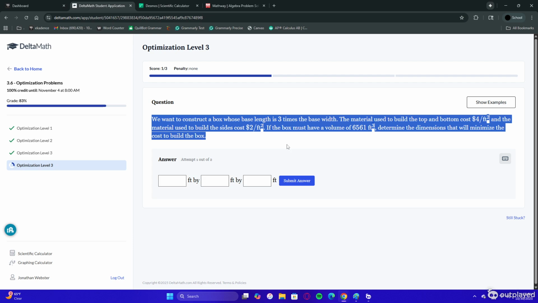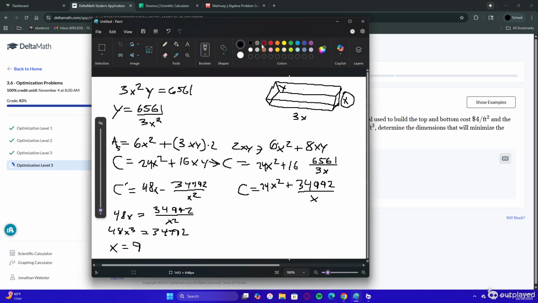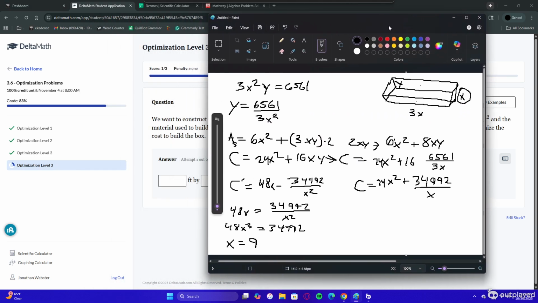And to find our dimensions, we can just plug in. So length times width times height. This is our width, x equals 9. So our length would be 3 times 9, or 27.